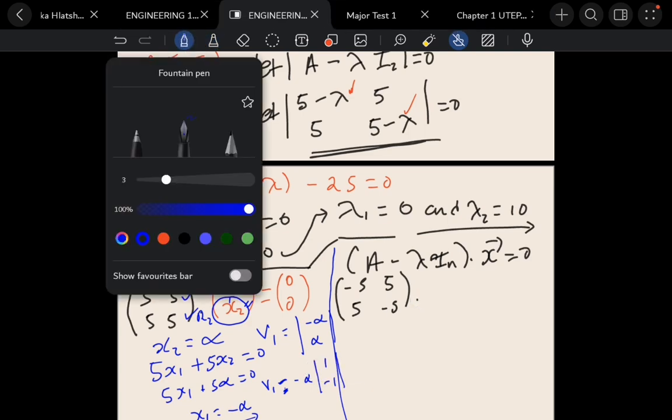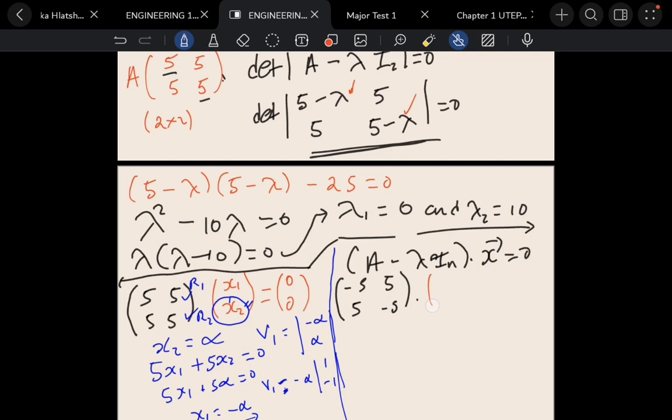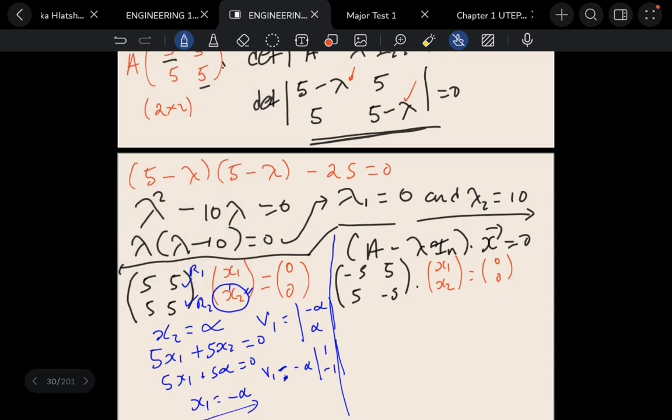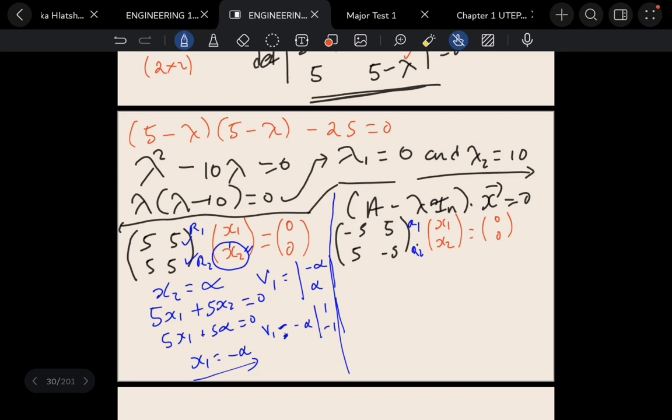A standard that we have is that we need to multiply this by x1, x2, and equate it to 0, 0, right? And then after equating it to 0, 0, you can notice that we have row 1 in this matrix and row 2 in that matrix. To get row 2, you need to multiply the first row by negative 1. Can you notice that?